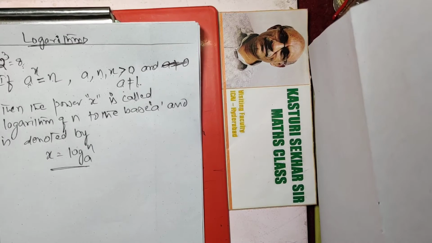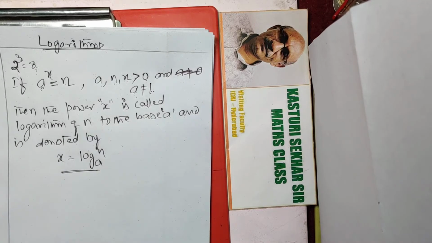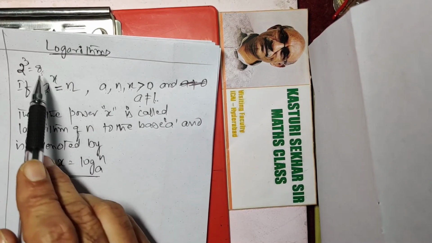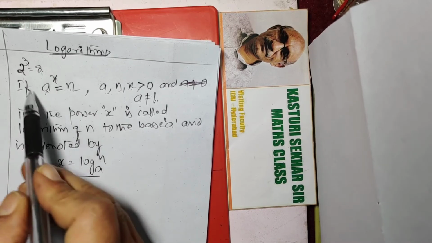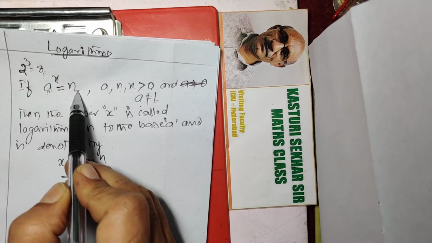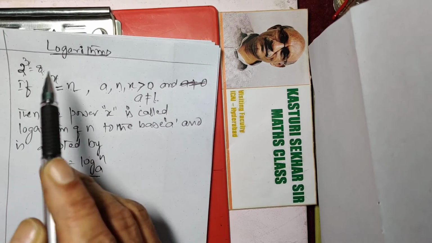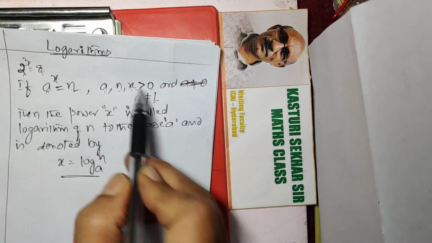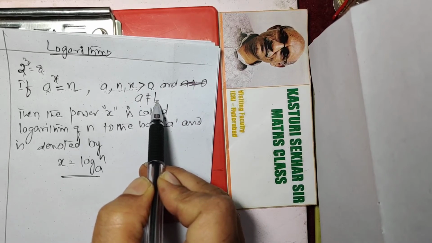Let us see this definition one more time. A simple example I considered here: 2 power 3 is equal to 8. What we are doing here is raising 2 to the power 3 to get the number 8. Now my concentration is on this power 3. If a power x is equal to n, of the type a power x is equal to n, where a, n, x are greater than 0, meaning they are all positive numbers, and a is not equal to 1.